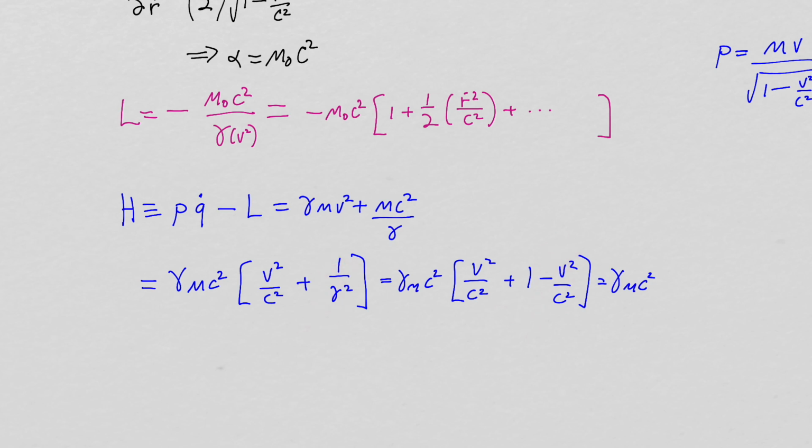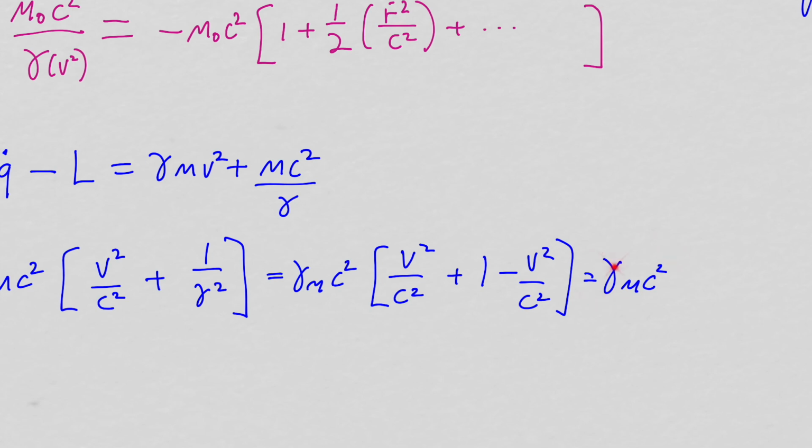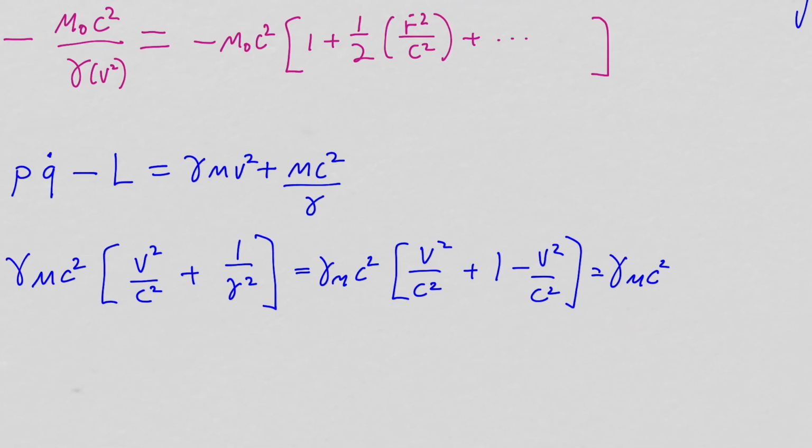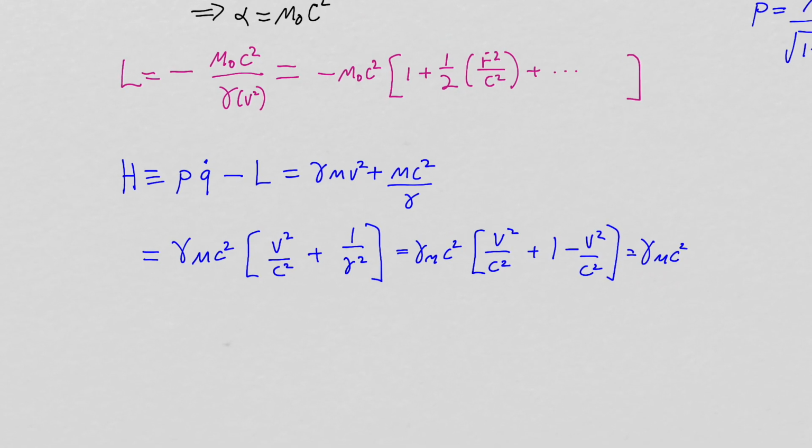That's what 1 over gamma squared is. And you just do the math and this all cancels and you end up with gamma m c squared. That is what the energy of a particle is, right? The Hamiltonian is the energy of a particle, and we know that the energy of a particle in relativistic mechanics is gamma m c squared. So this should be a bit of a review.